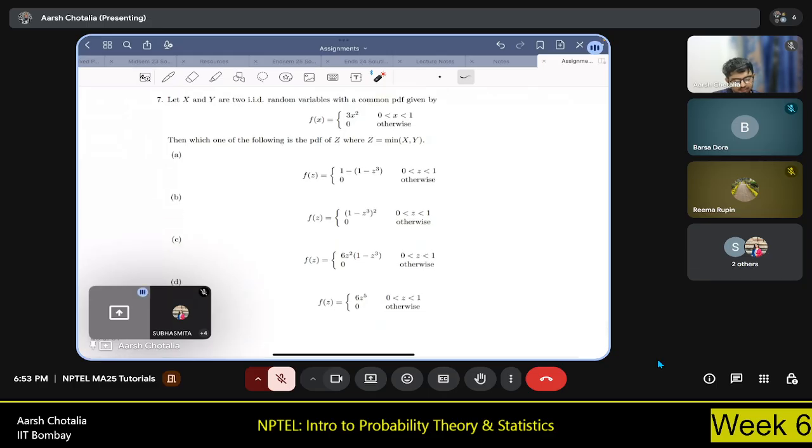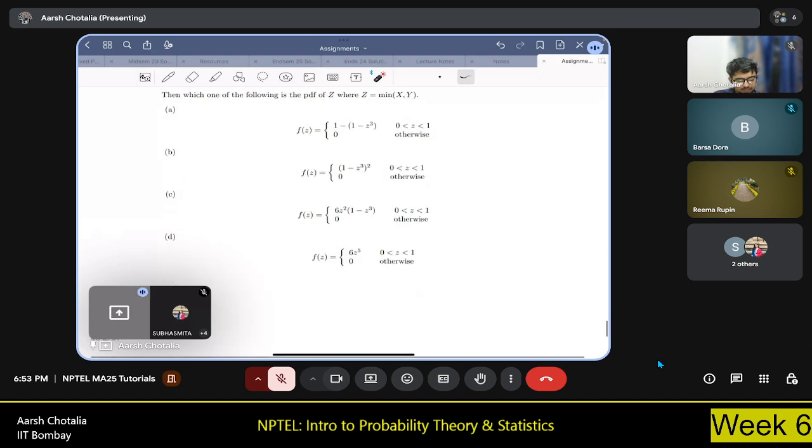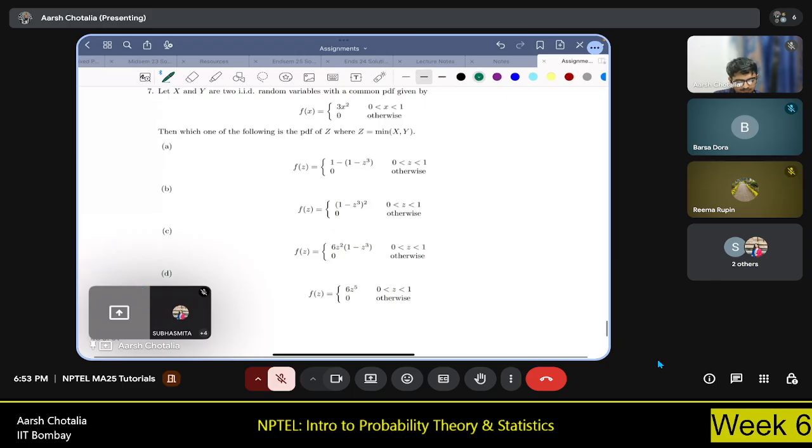Okay. Again, a similar thing is given. Now X and Y are IID random variables with some distribution 3x squared when x is between 0 and 1. And what is asked is the distribution, or rather the PDF of Z, where Z is the minimum of X and Y. So minimum and maximum are slightly different.